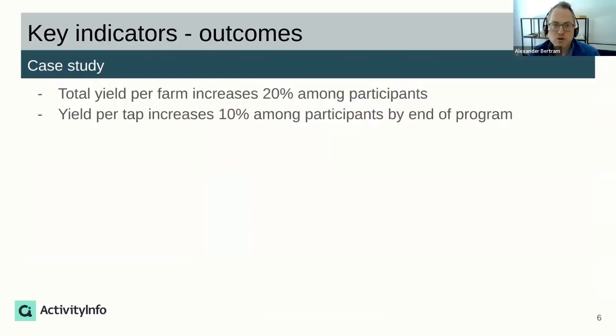We're going to use this data, and I'll show you how to use this data to test this out for yourself. So for this program, the key indicator that we're looking to measure is the total yield per farm increases 20% among participants. And second is the yield per tap increases. So when you're harvesting maple syrup, you drill these taps into the trees to get the syrup in the spring.